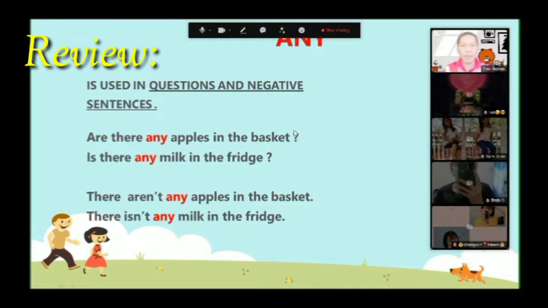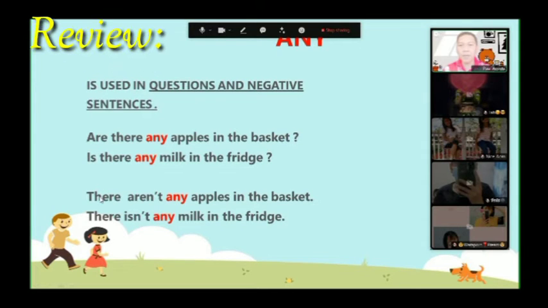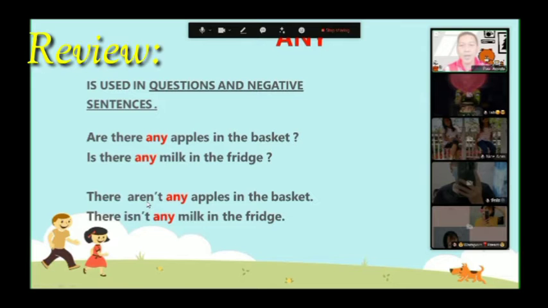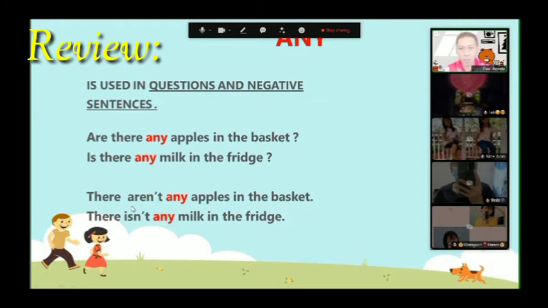And any in negative form: there are not or aren't any apples in the basket. There is not or isn't any milk in the fridge. So always remember these are the negative words: are not, aren't, is not, isn't.